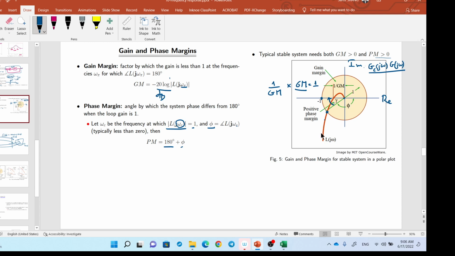So when omega increases to infinity, for sure the function evaluates to 0. Omega approaching infinity, then Gc of j omega times G of j omega approaches 0. So the mapping direction is like this.